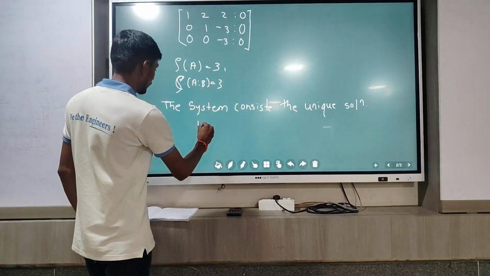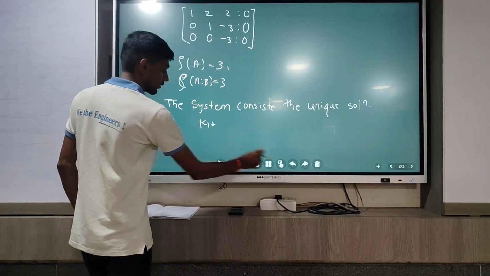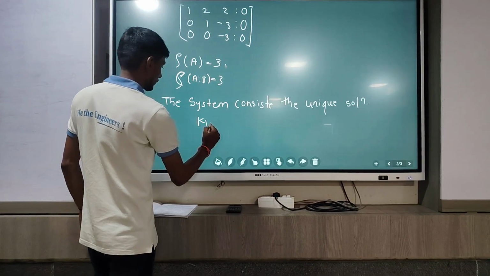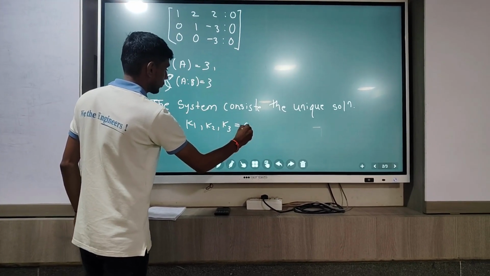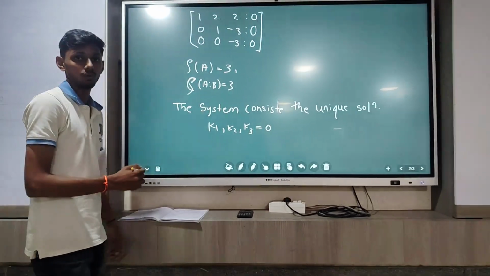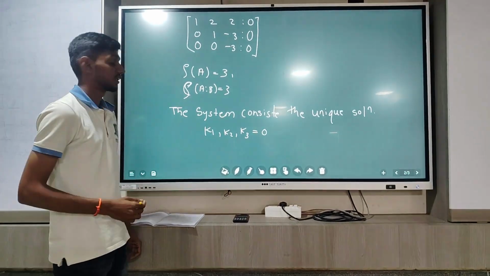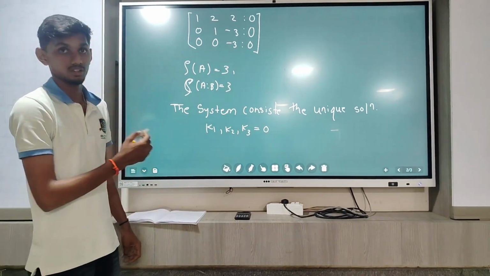Therefore the values of k1, k2, k3 are equal to 0. Therefore the given vectors are linearly independent.